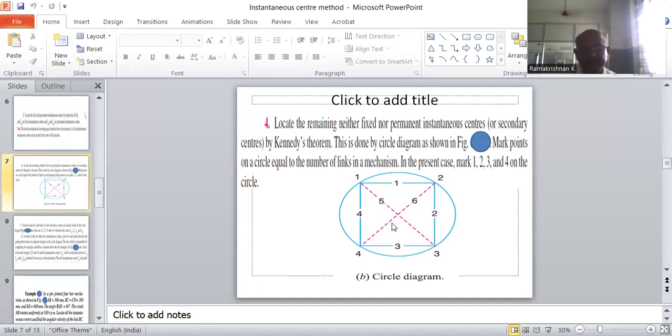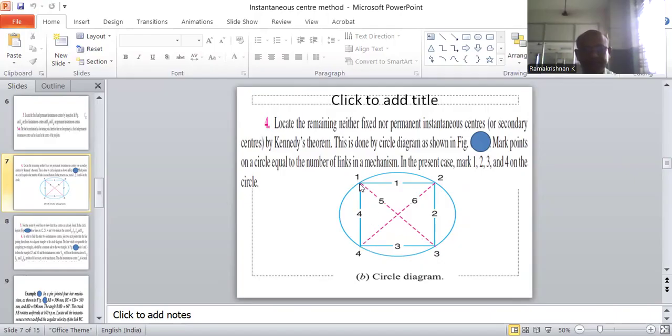Next, we can find I13. Let us locate the I13. For I13, you join 1 and 3 with a dashed line. Here the 1-3 line forms 2 triangles, 1, 2, 3 and 1, 3, 4.